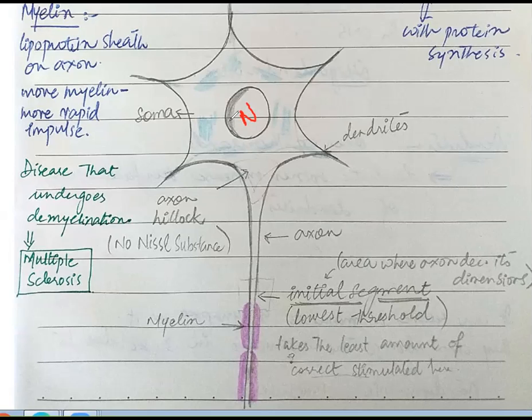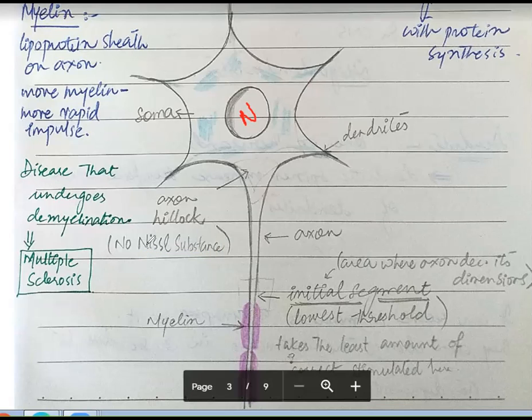In MCQs, they may not use the word cytoplasm of neuron, so what will they use? In contrast to this, they can use the word Nissl substance. It is written over here, Nissl substance. Nissl substance is the cytoplasm of neuron.